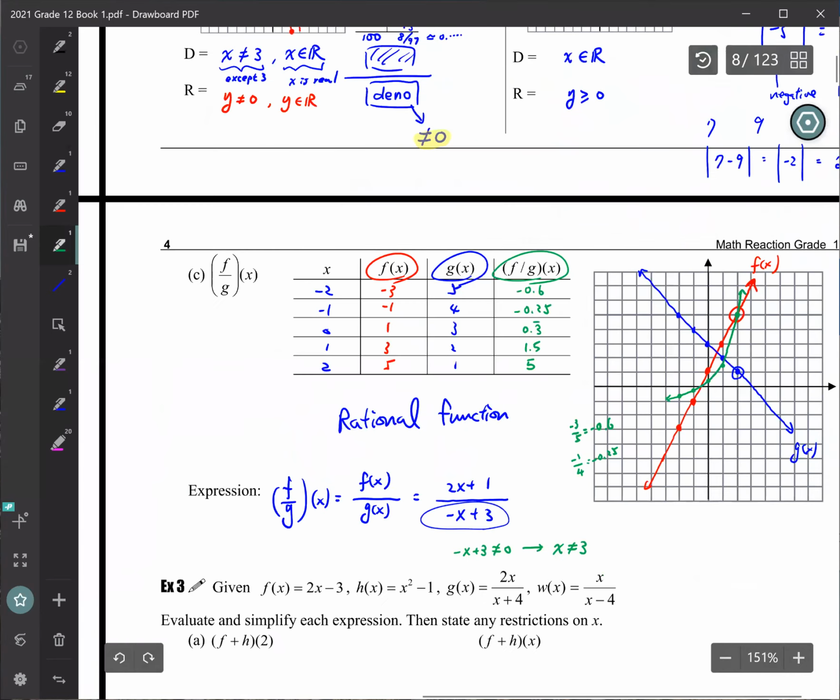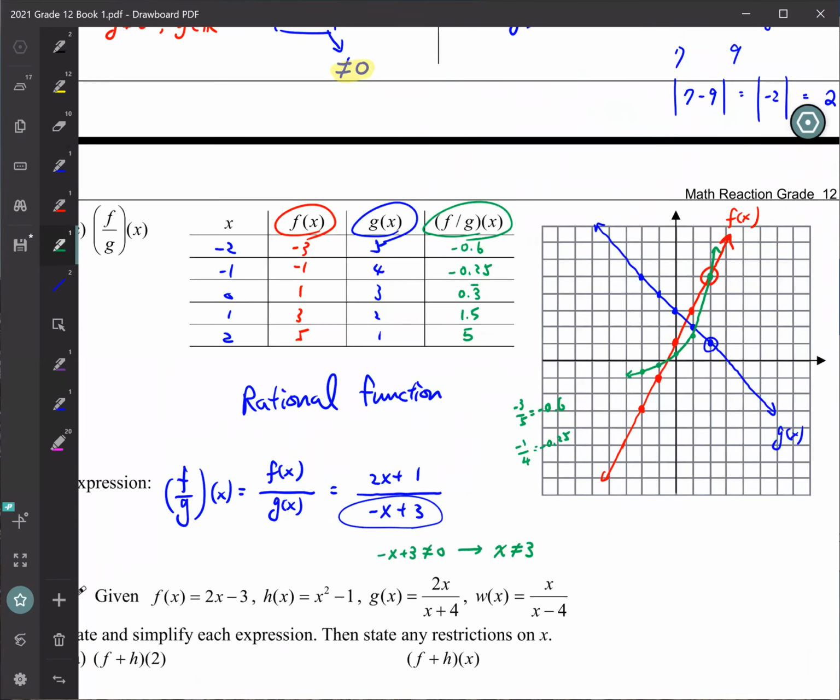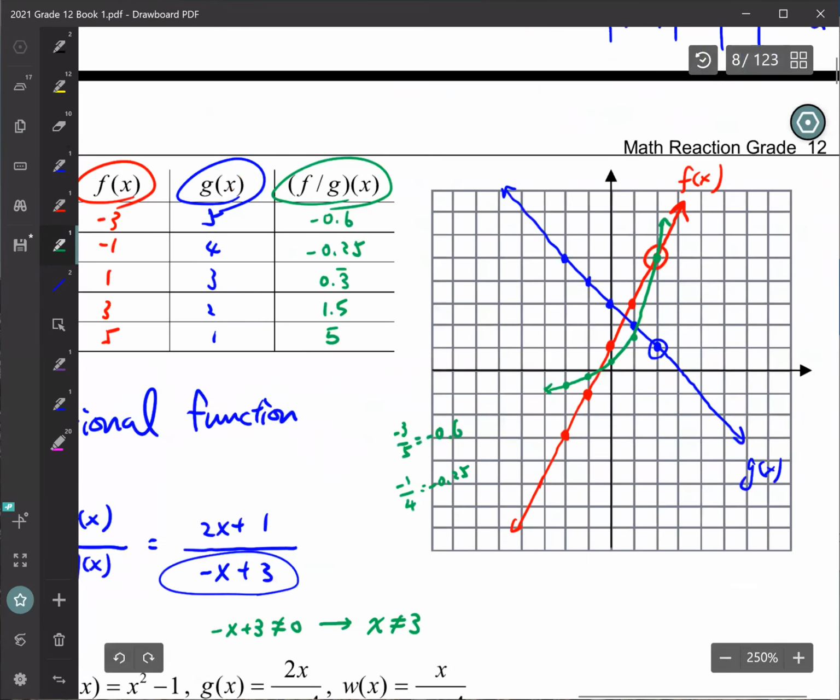Okay, so that means at 3, there should be an empty space, right? Like we did in the first hour. So we look at here, x equal to 3 is right here. And there should be an empty space. So the graph that you had just now is only on the left side.